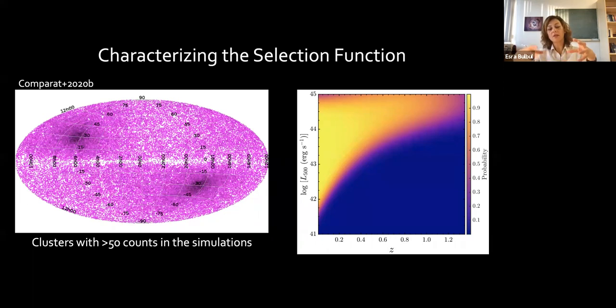Then what we do is run our codes with the same set of settings that we use in our observations on the simulations, on the mock observations, to get our observables. That gives us, for example, a probability of detecting a particular cluster with that redshift, luminosity, and mass. And that's what's shown here, and that's called the selection function.